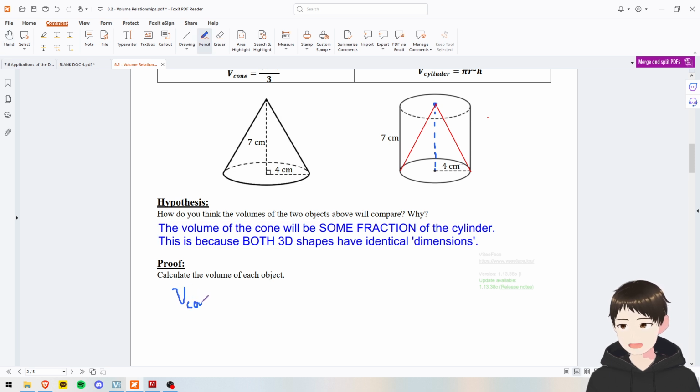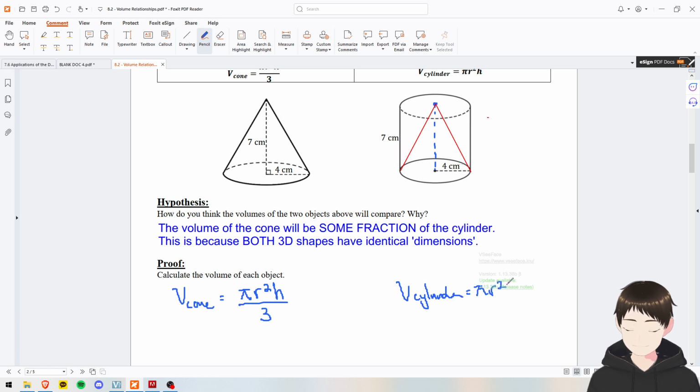of a cone is going to be pi r squared height divided by 3, whereas the volume of a cylinder is going to be pi r squared, so the area of the face, times the height.